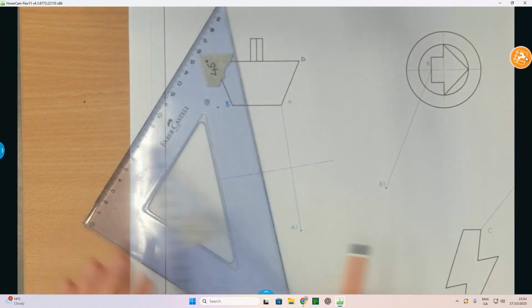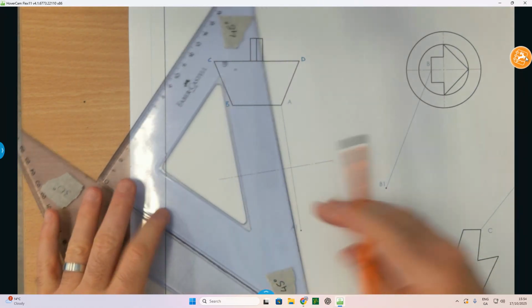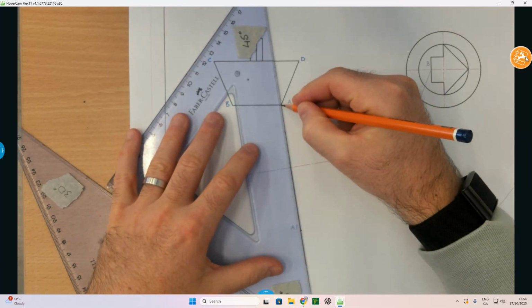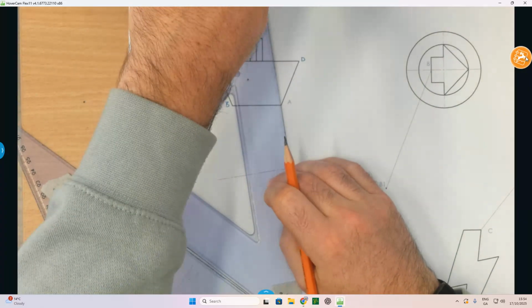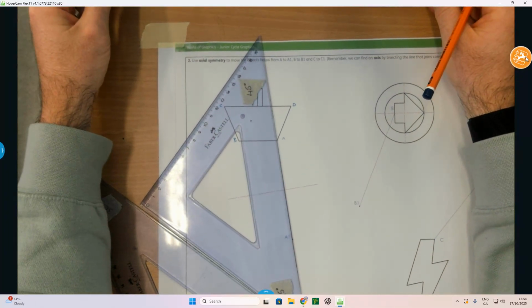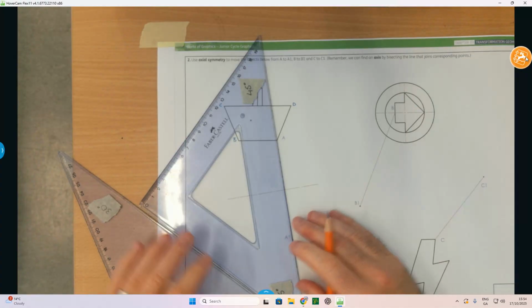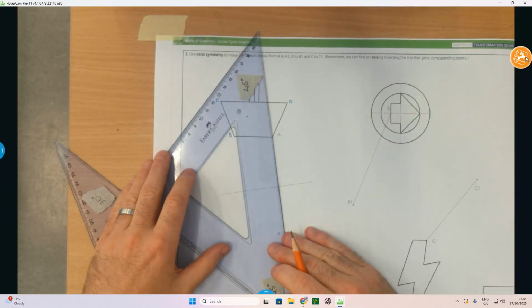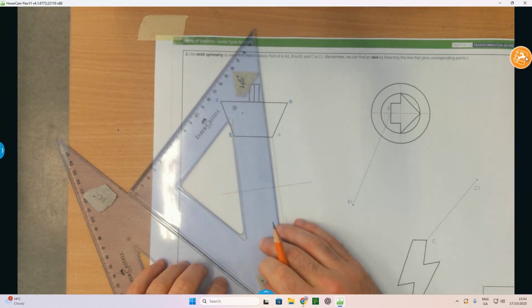So I'm going to do a little bit of sliding set squares. I'm going to take my set square and position it on A, and zoom out a little bit, apologies. All I'm going to do is find all the other points by sliding the set square parallel to the line A to A1.